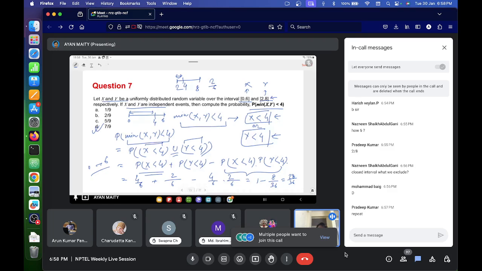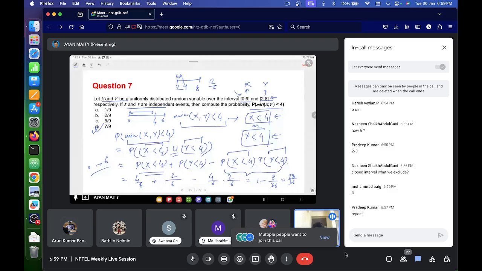So you have to apply the formula for union. Probability of A union B is probability of A plus probability of B minus probability of A intersection B. Here A and B are two independent events, x less than 4 and y less than 4. So we can split it like probability of x less than 4 into probability of y less than 4. Then x less than 4 you have to find out from this uniform distribution.